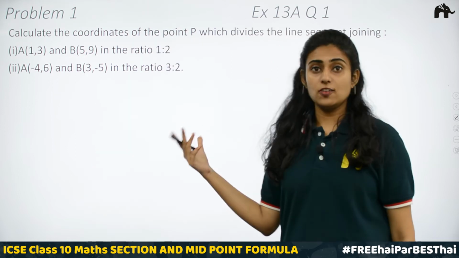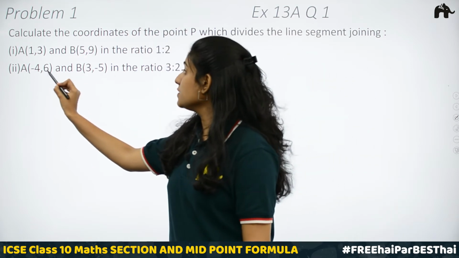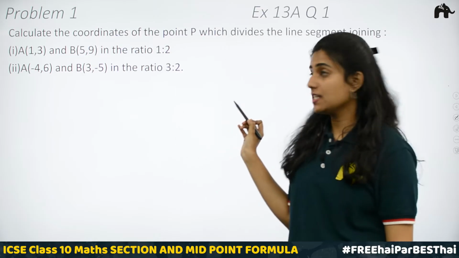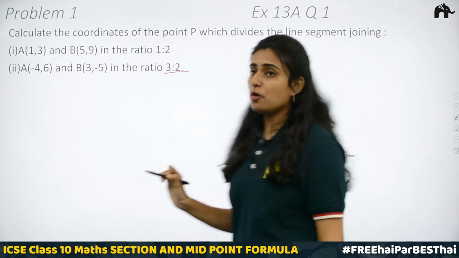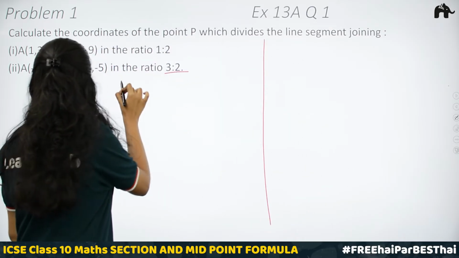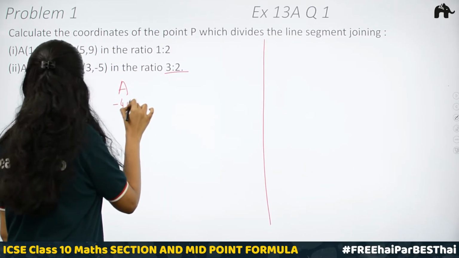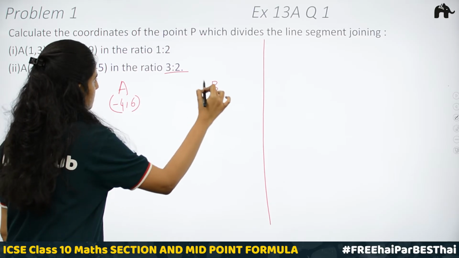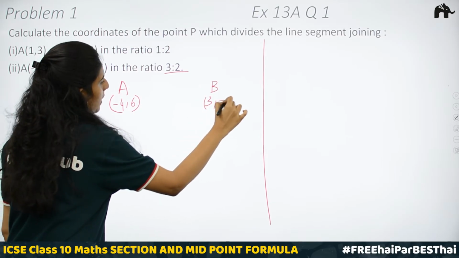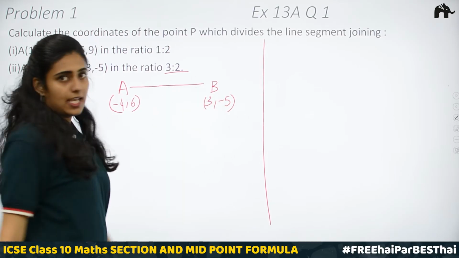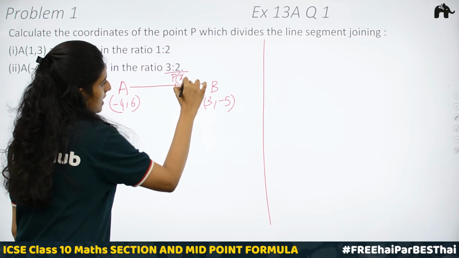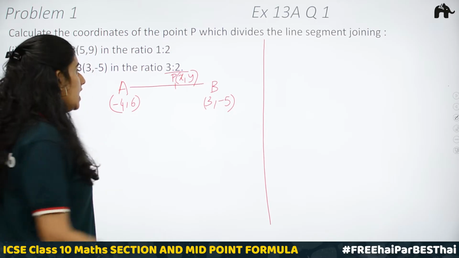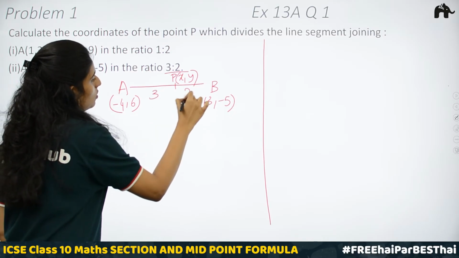Okay. Now the second part, A minus 4, 6 and B 3 minus 5 in the ratio 3:2. Here we have point A minus 4, 6 and point B 3 minus 5. This is the line joining, considering a point P of coordinates x comma y, dividing this line in the ratio 3:2.